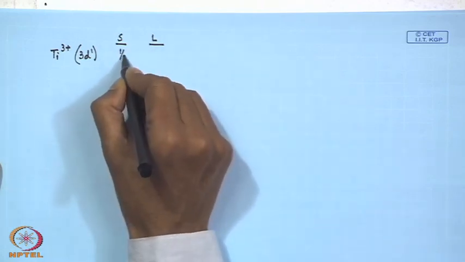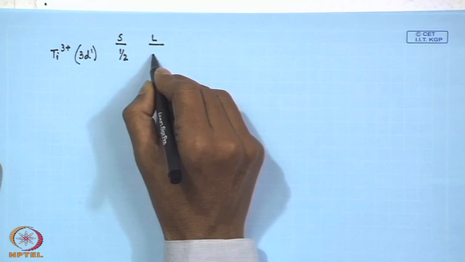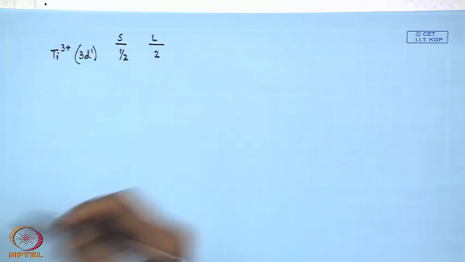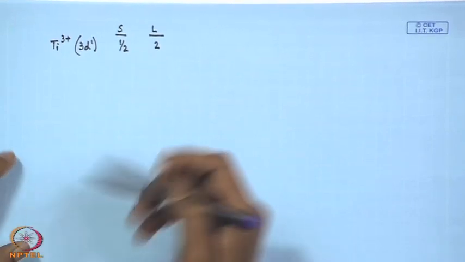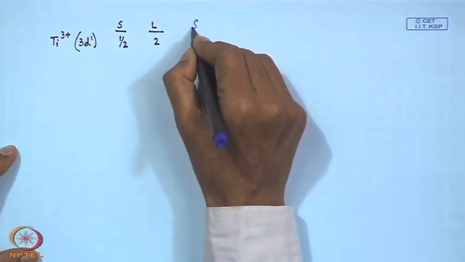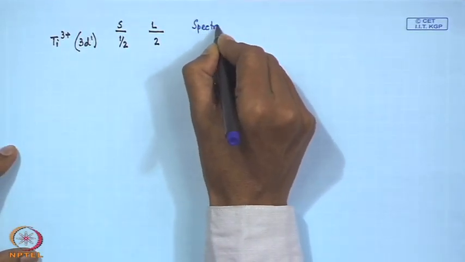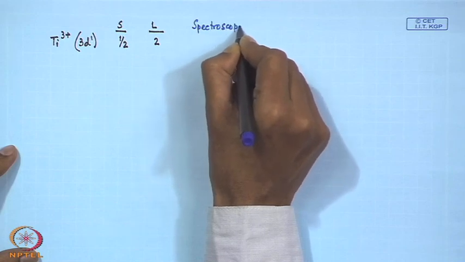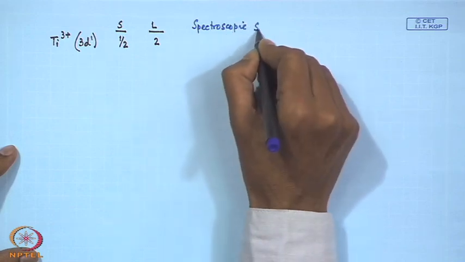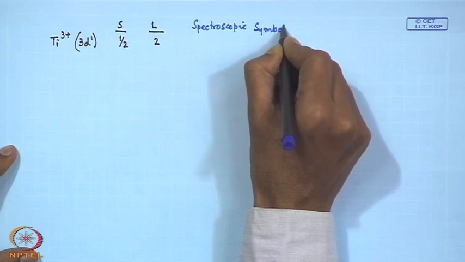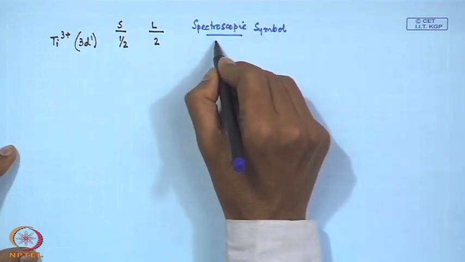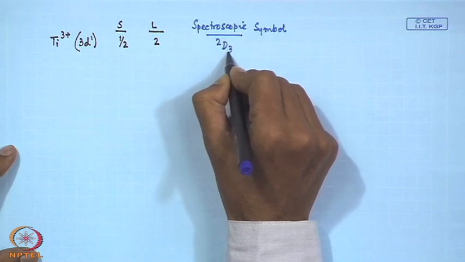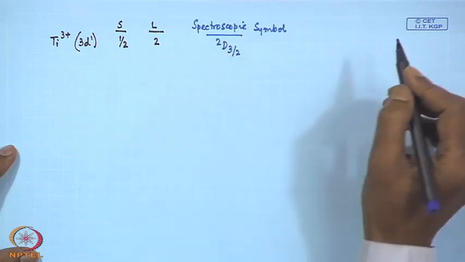So, we have S equal to half and L value equal to 2 for the d electron, and the spectroscopic symbol for this would be 2D 3 by 2.